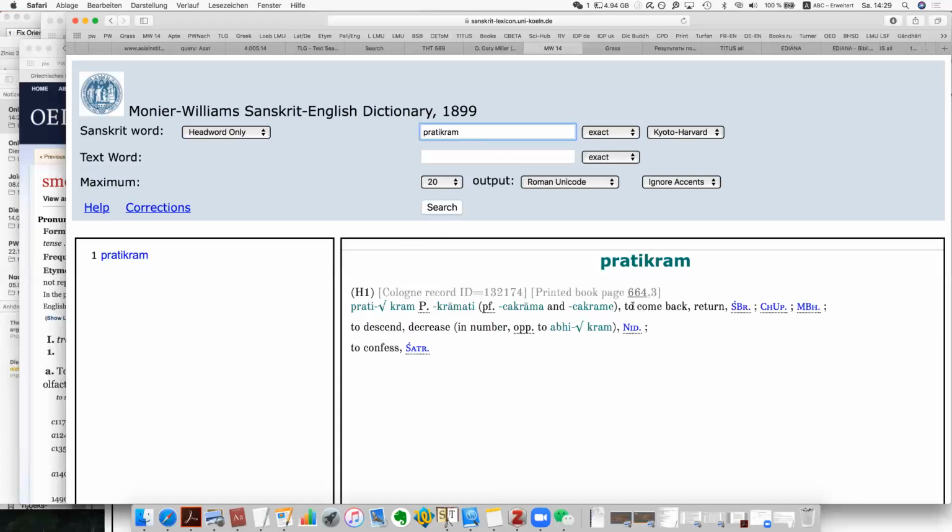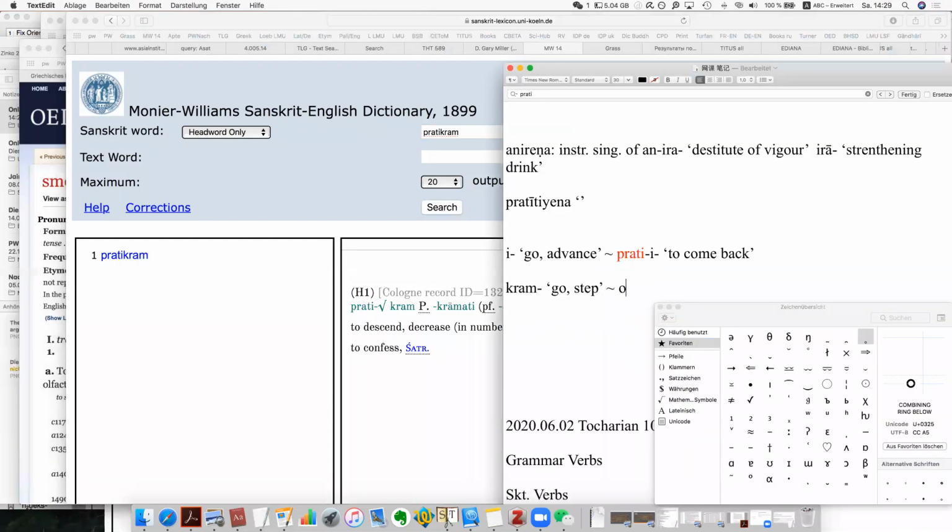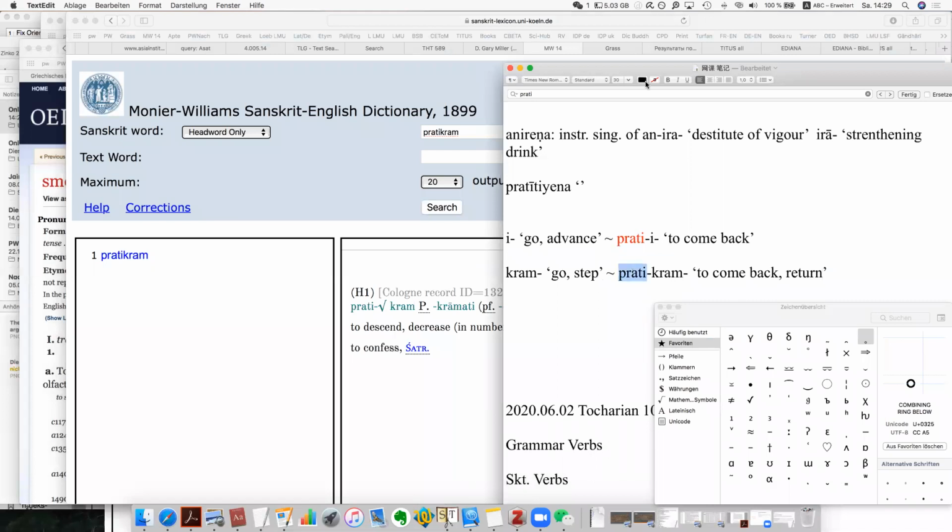Pratikram means to step back, to return, to come back. So again, you find that pratikram means come back.